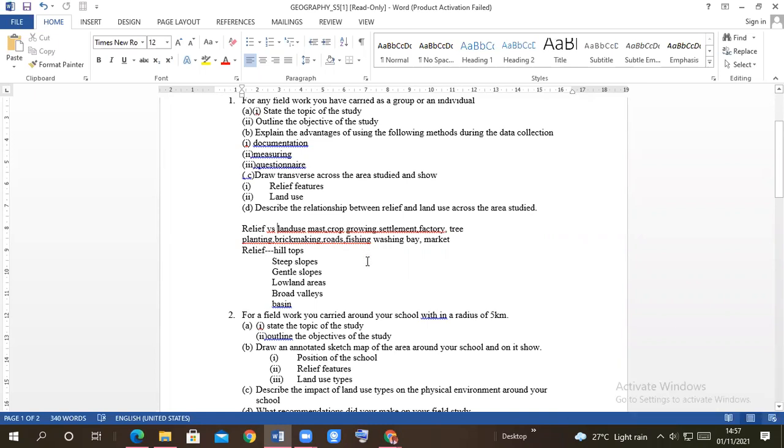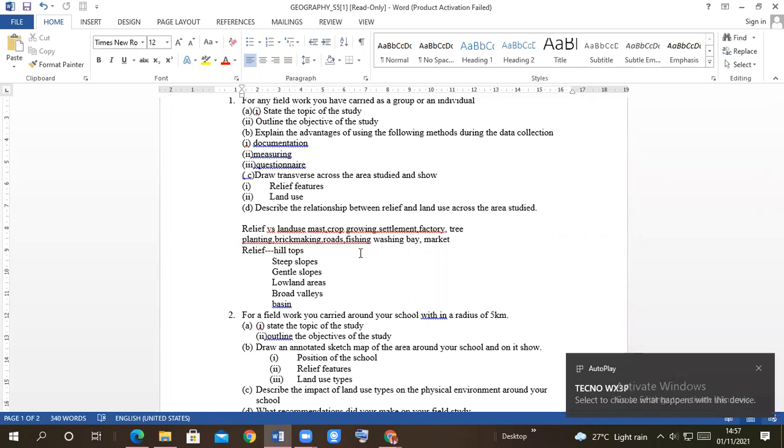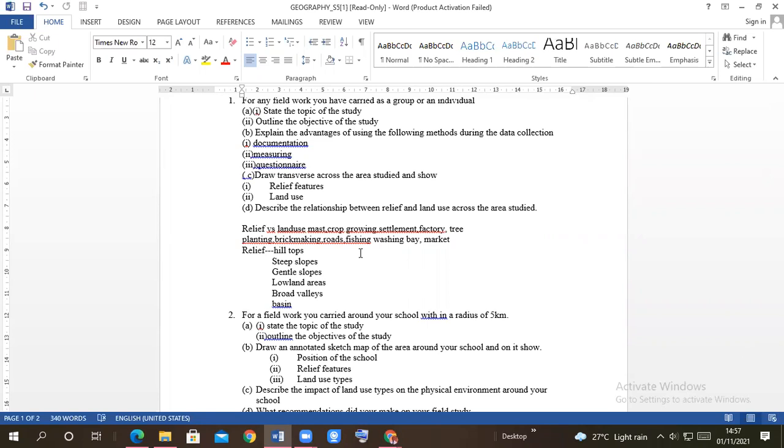We have crop ground. We have settlement. Yes, good. We have a factory. Good. Tree planting. Good. Brick making. Good. Road. Good. Fishing. Good. Washing the market. And the market. These are the common ones around Mbuya Hill.